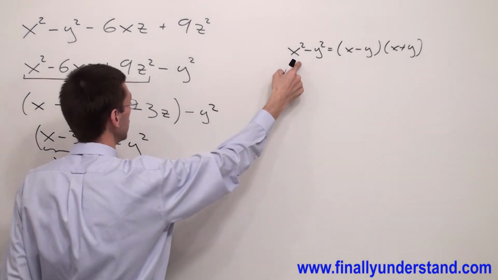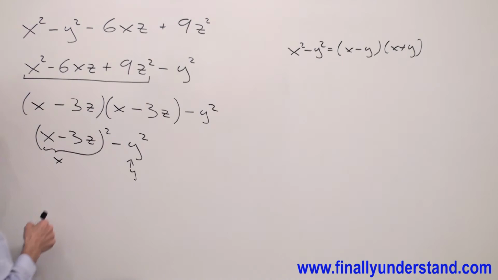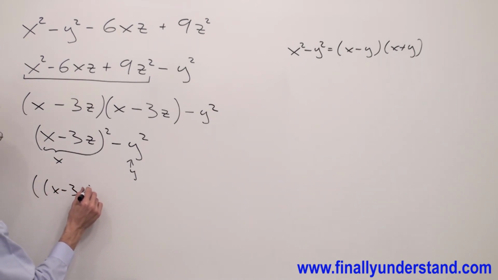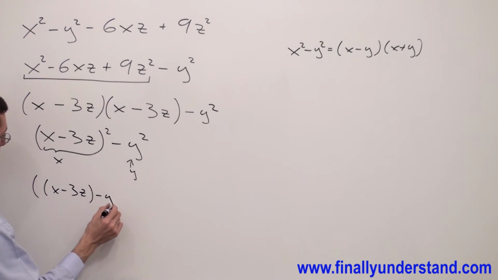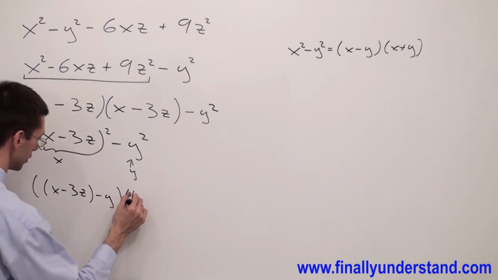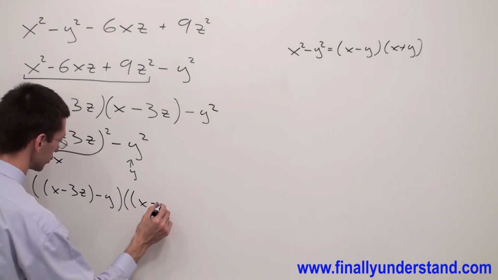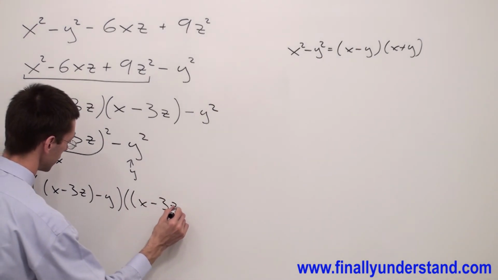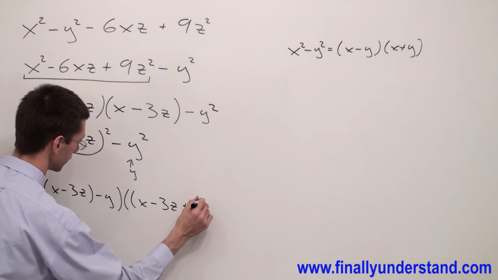I'm going to apply this formula in order to factorize this expression. The formula says I have to have the difference of x and y. That's why I'm going to write x minus 3z minus y times x minus 3z plus y.